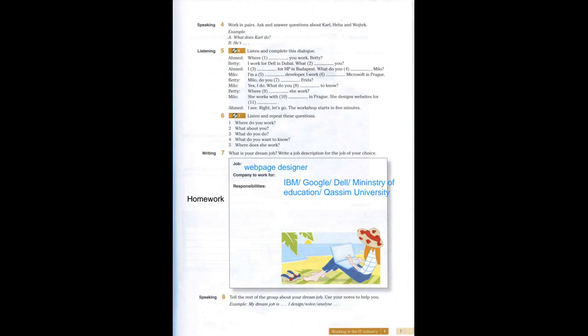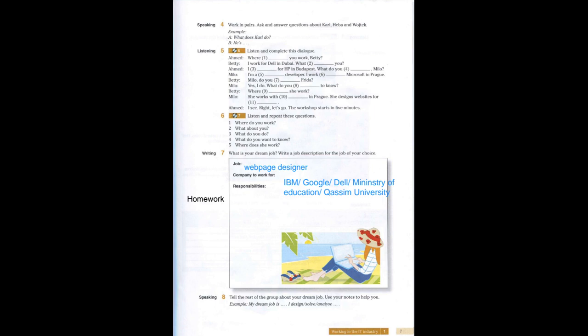So you say the title of the job and the company or institution you work for. For example, IBM, for example, Apple, Ministry of Education, Qasim University, such and such company or institution.